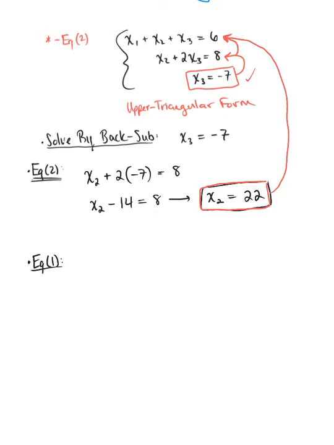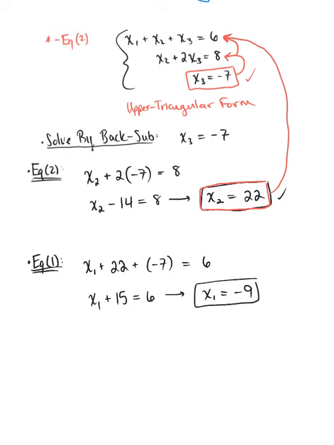So equation 1 is x sub 1 plus x sub 2, which we just found to be 22, plus x sub 3, which we found to be negative 7, and that's, of course, equal to 6. So now we're ready to solve for x sub 1. We have x sub 1 plus 15 is equal to 6, and then subtracting 15 from both sides of the equation, we see that x sub 1 is going to be equal to negative 9.